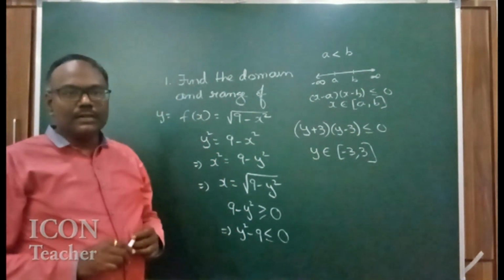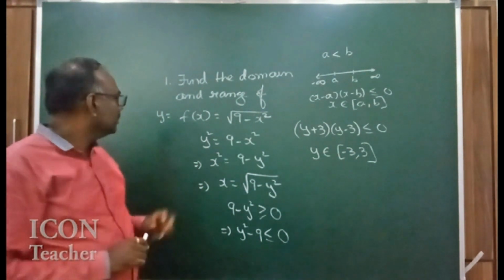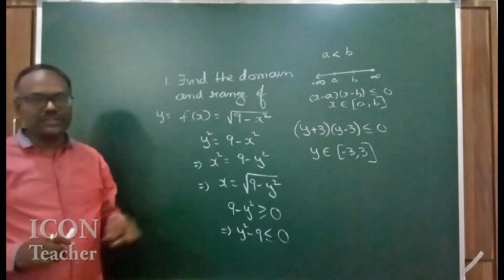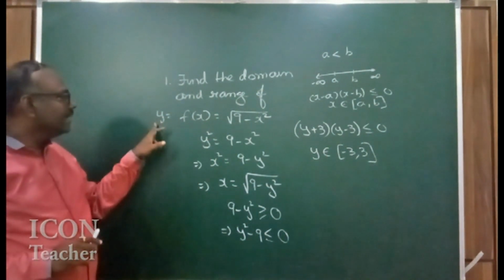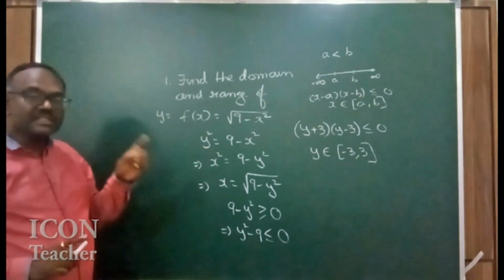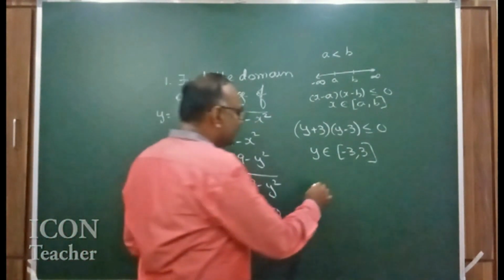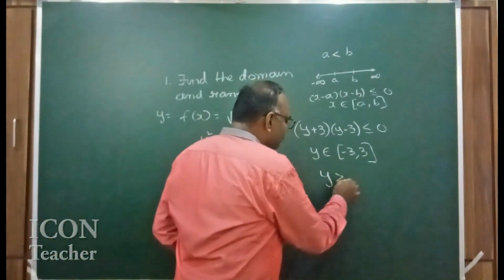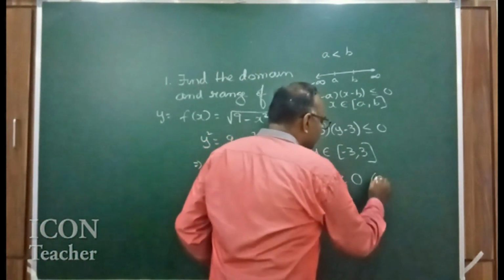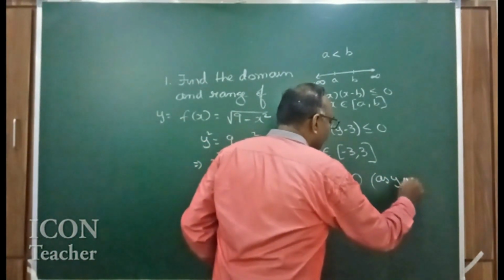But we have one more condition to be observed. Now y is a positive square root function, which gives us only positive values as output. So y cannot be negative, y can be only positive. So y is greater than or equal to 0, as y is a square root function.